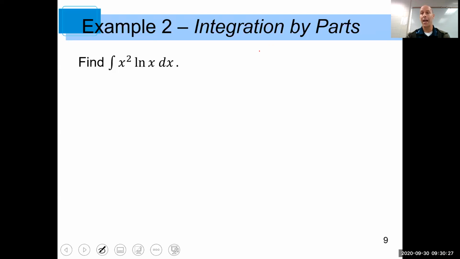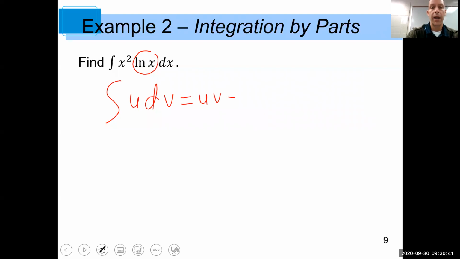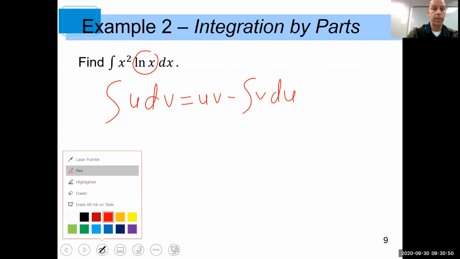So if we use LIATE, we probably want to use u equal to, oh, and I should mention this. Remember, our formula is the integral of u dv equals uv minus the integral of v du. Okay, so what are we going to let u equal here?